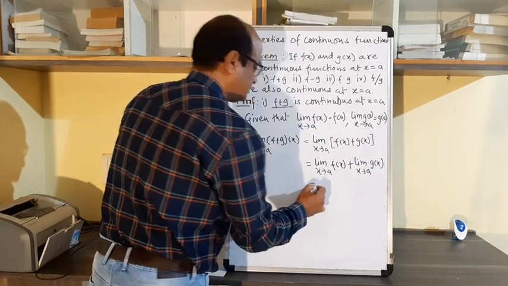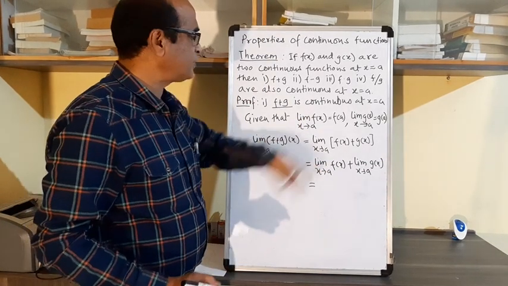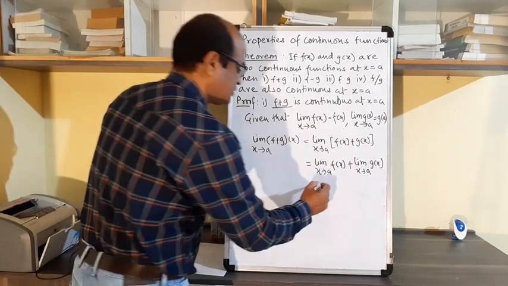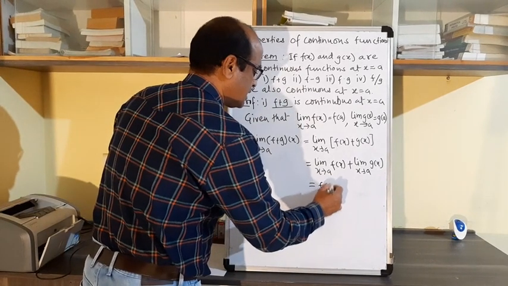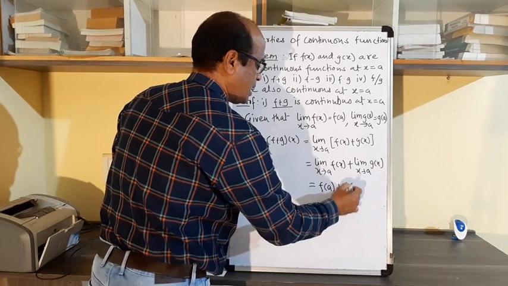So this is equal to, by definition of limit of a function f(x) as x tends to a, is f(a). So this is f(a), and this is g(a).